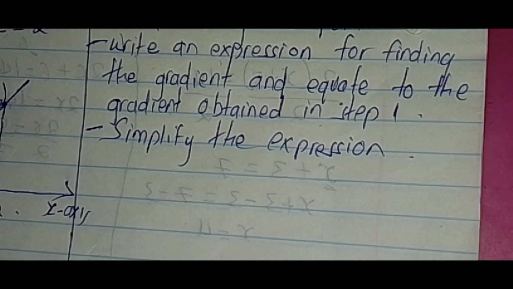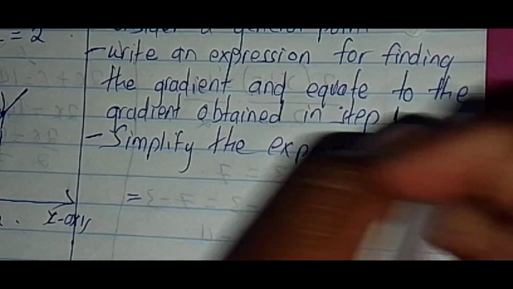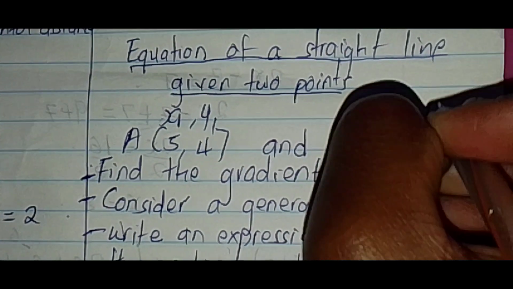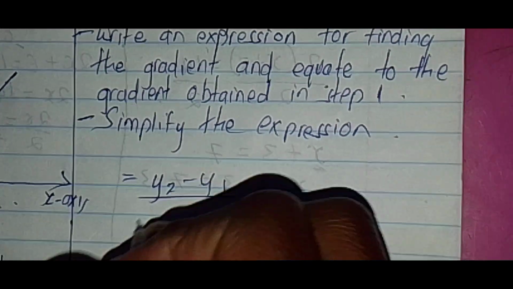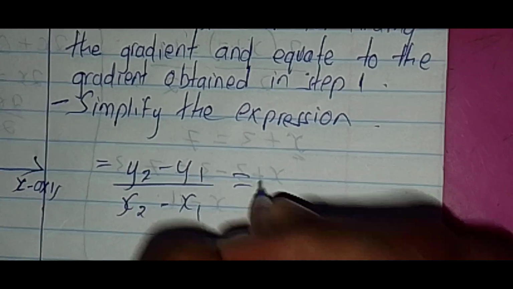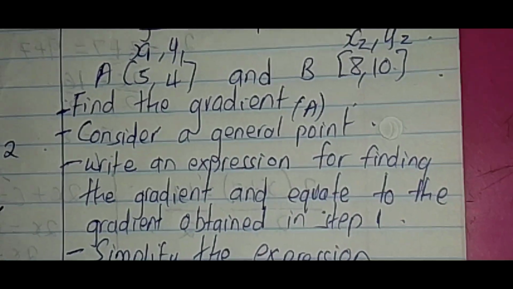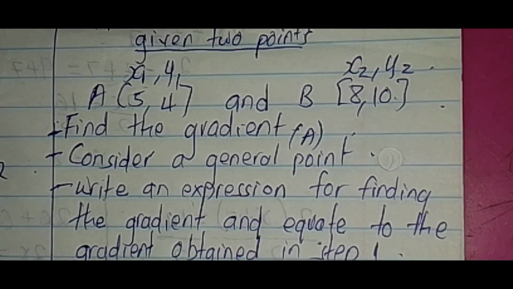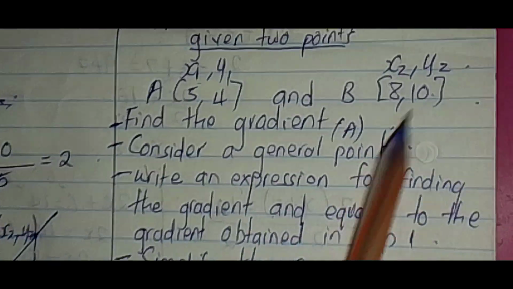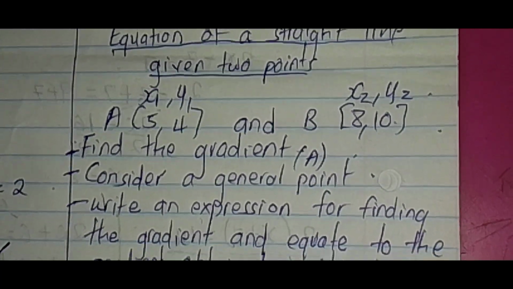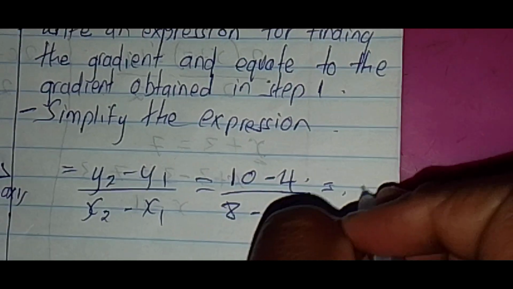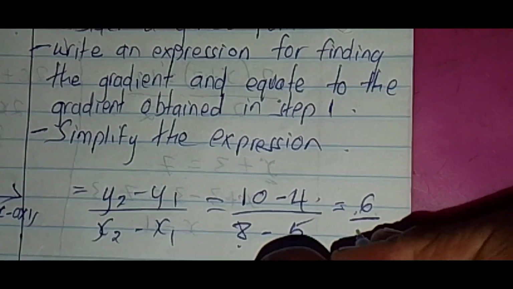So in this case, we are going to find the gradient. Let's take our A to be x1, y1, and our B to be x2, y2. So our gradient, remember, is y2 minus y1 over x2 minus x1. In this case, our y2 is 10 minus our y1 which is 4, over our x2 which is 8 minus our x1 which is 5. 10 minus 4 is 6, over 8 minus 5 which is 3.